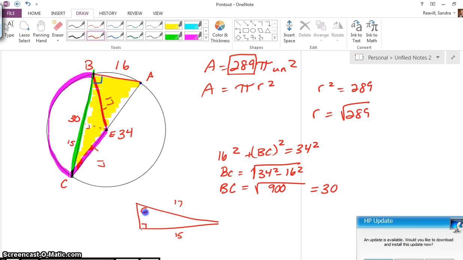This is the angle we want in order to help us find the arc that lives here. If we know what theta is, we can calculate two thetas.